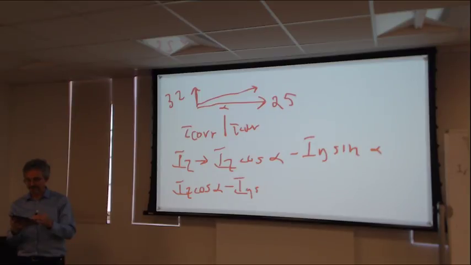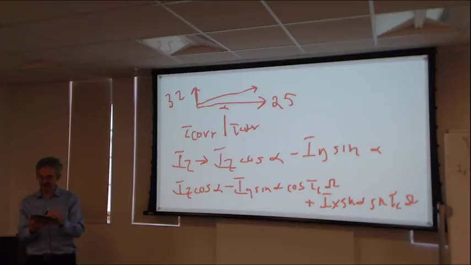IY goes to IY cosine tau C omega, the chemical shift, and then minus IY rotates towards plus IX, so plus IX sine alpha sine tau C omega.